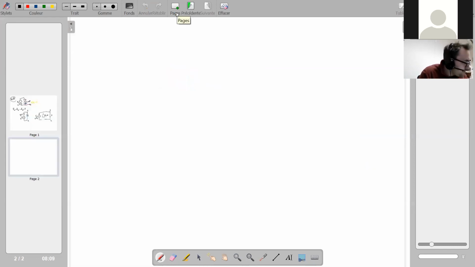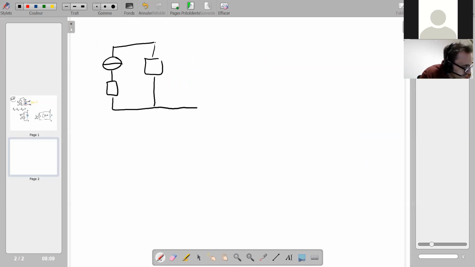Next page. Here we go, between A and B. In that case, there is no load to consider.